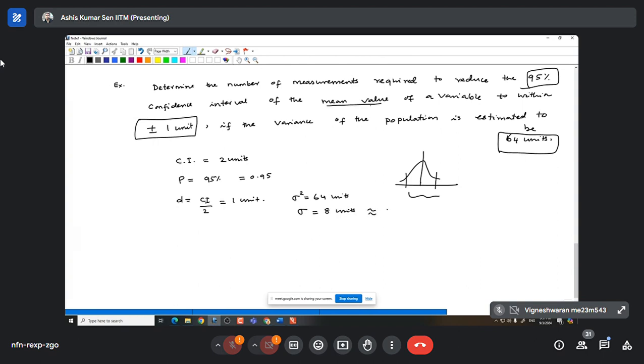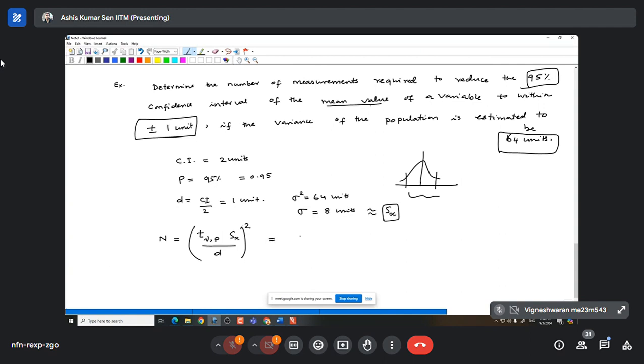And this you approximate as the sample variance Sx, because that is what you have used in the expression to find the total number of measurements. So n is basically (t of nu, P times Sx by d) whole square.